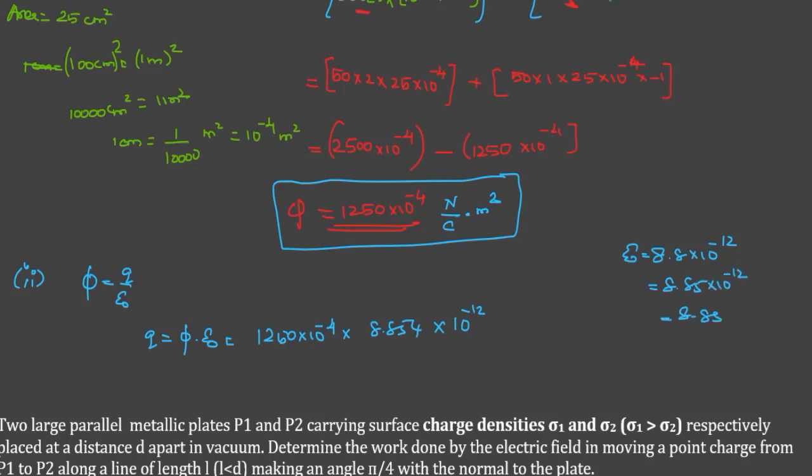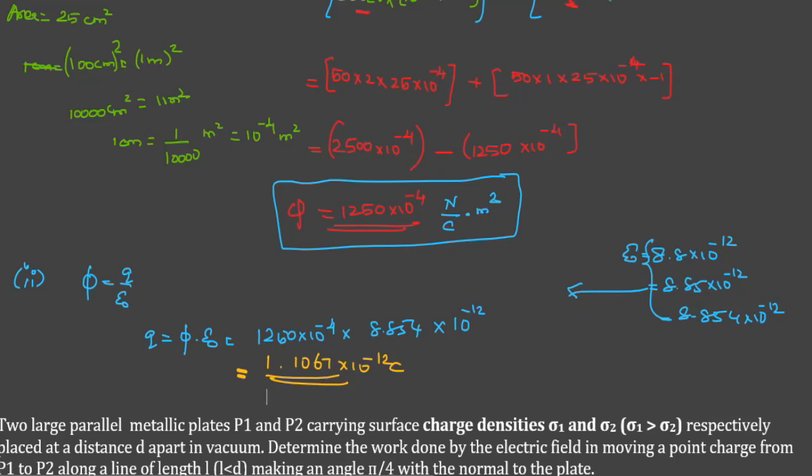Sometimes they will give 8.854 into 10 power minus 12. So based on the instruction page, we have to focus. Then only we will get the exact answer. So if you multiply this, our final answer must be like 1.1067 into 10 power minus 12 coulomb. So unit is always very important.